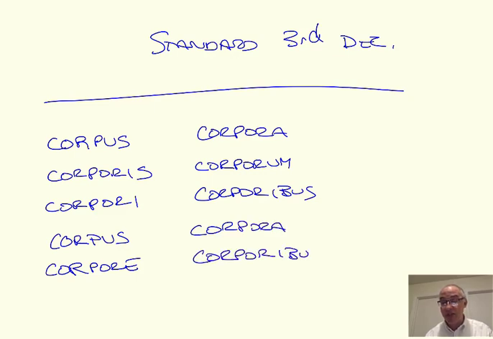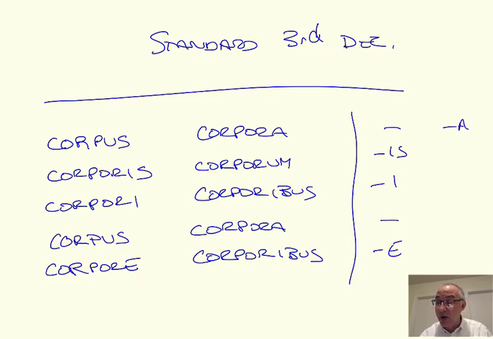Now, if this doesn't make sense to you, if this isn't second nature to you, go practice. Here are the endings: is, e, and I leave the blank there because it's the same as the nominative. A, I say A, it's the letter E, pronounced A. Ibus, ibus. These are your neuter endings.